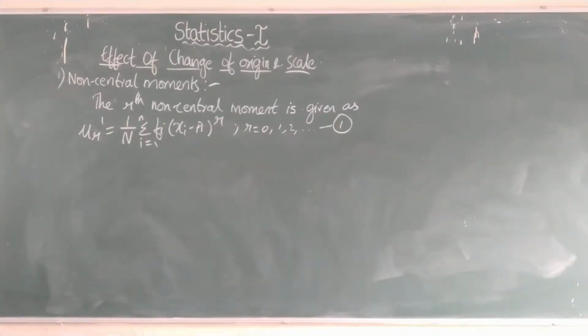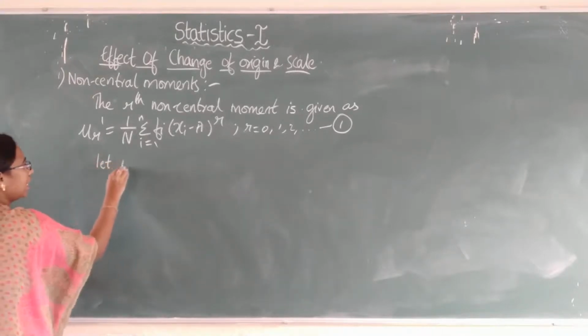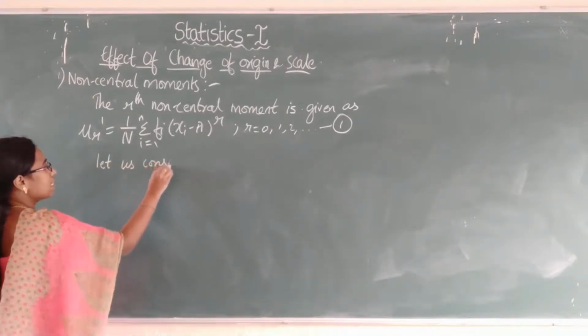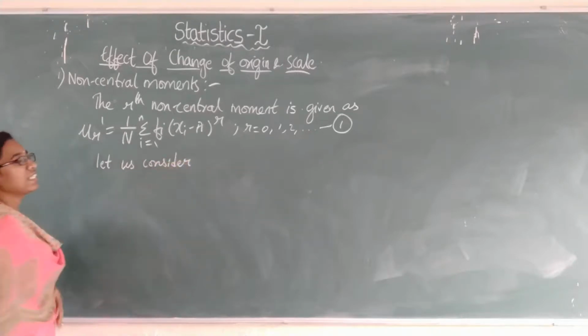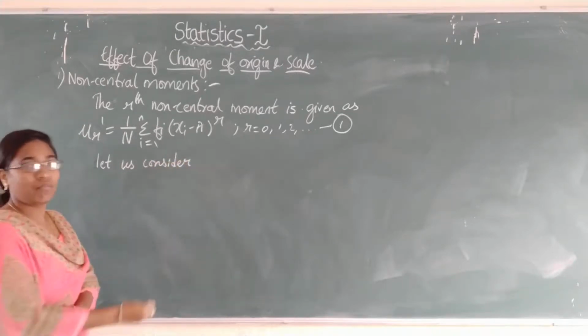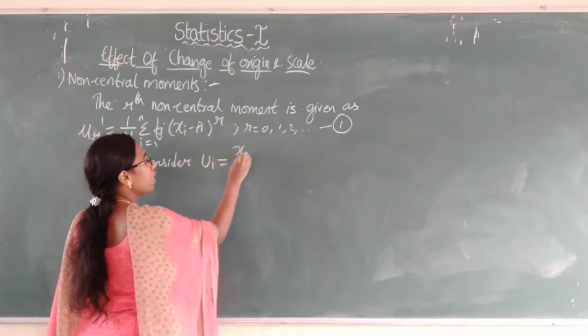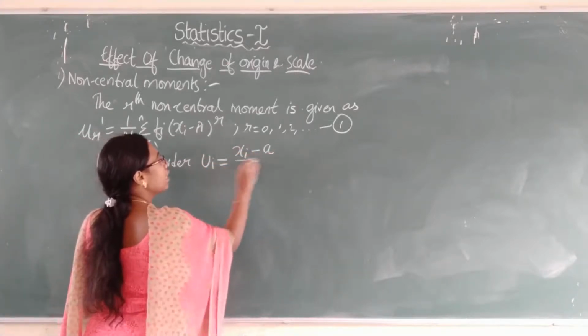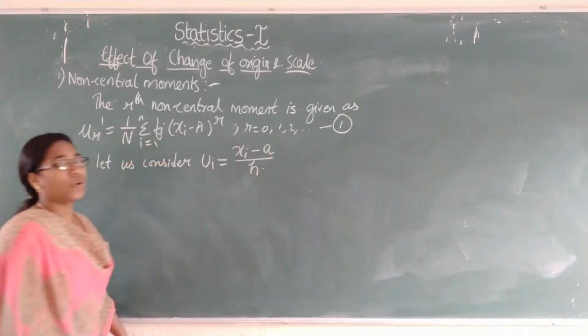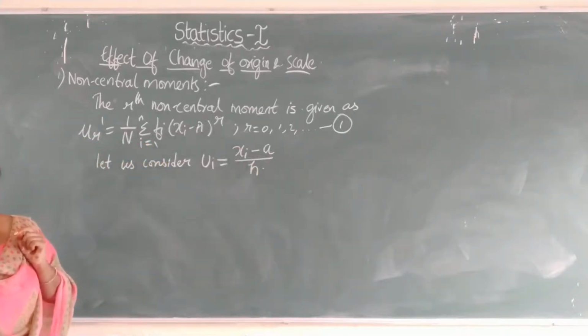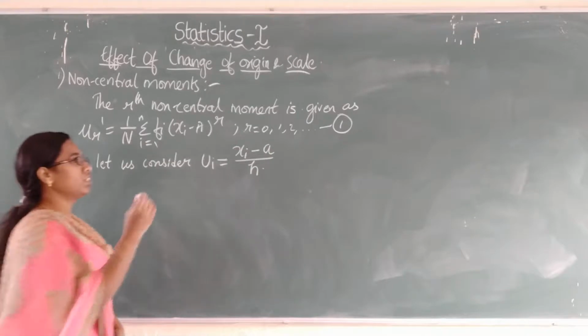Now let us consider the shift of change in origin and scale. What do we denote the shift of origin and scale with? ui equals xi minus a by h, where a is the shift in the origin and h is the shift in the scale.